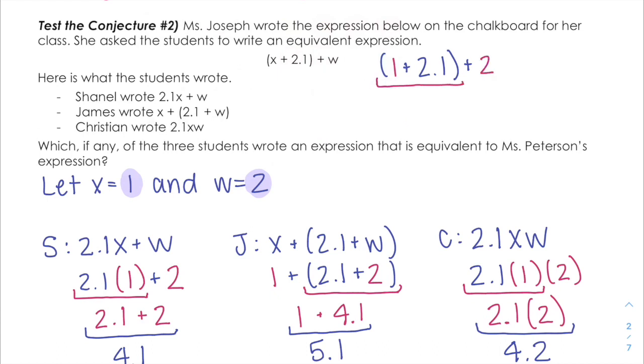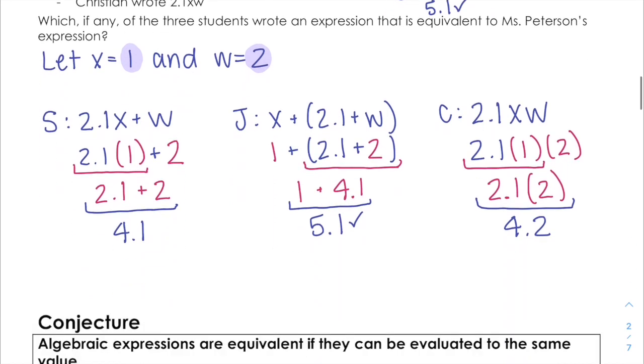So we must start with what's inside the parentheses. 1 plus 2.1 gives us 3.1. And now we have to add 2. 3.1 plus 2 gives us an answer of 5.1. So whose answer does that match below? Chanel's, James's, or Christian's? Well, it matches James. They both got an answer of 5.1.